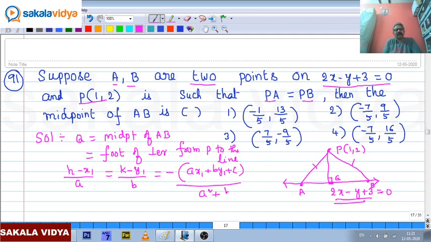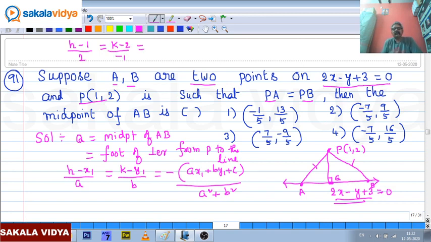Apply this formula, you will get the answer. So what do you get now? h minus x1, x1 means 1, a is 2 from the line, equals k minus 2 by b, b is minus 1.